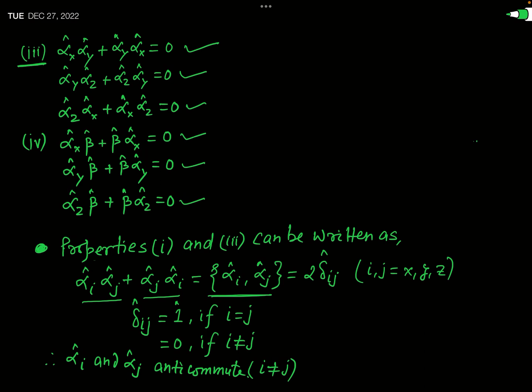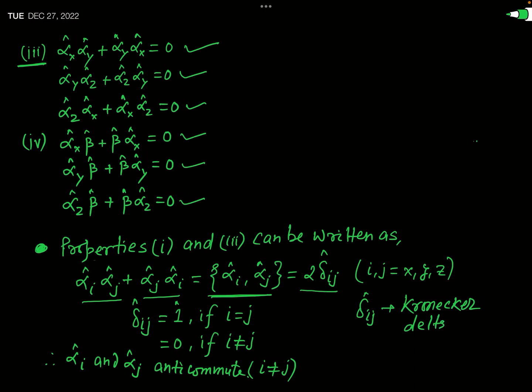And you can see this anti-commutator of alpha I and alpha j can be written as 2 delta ij hat, where delta ij is actually the Kronecker delta, you know.